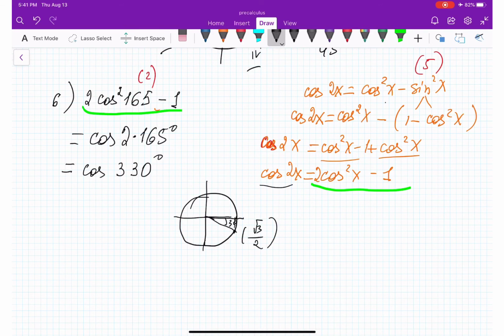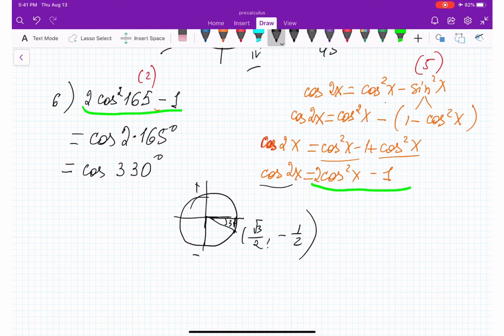Sine is going to be negative, because it's negative here, negative, positive. Sine is going to be negative 1/2. If you practice a lot, you will know the angles like 30 degrees, 60 degrees, 45 degrees by heart.